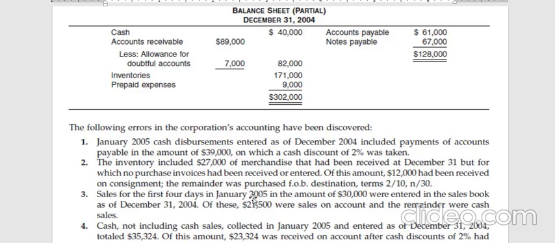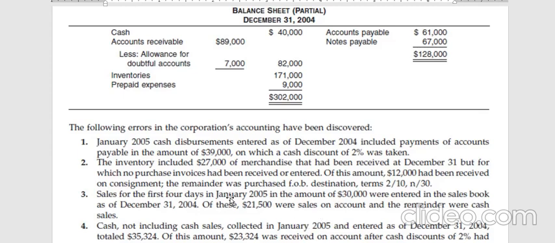Sales of the first 4 days in January 2005 in the amount of $30,000 were entered in the sales book of the previous year. So again a mistake. $30,000 was added as a plus to the sales of 2004, which is wrong. I need to reverse it, I need to adjust it. If it was plus, I need to minus it.